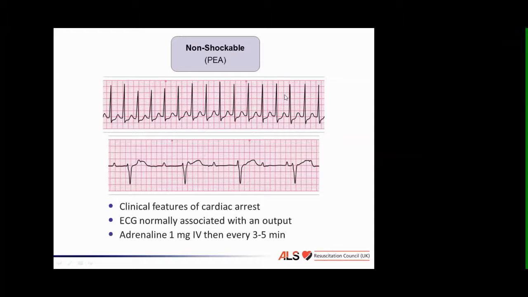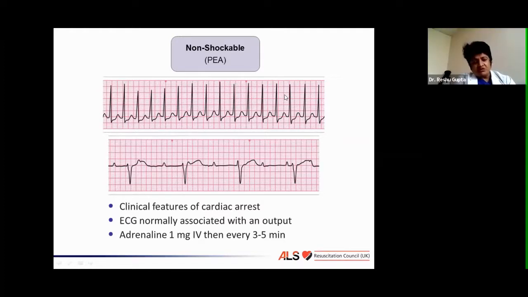Then PEA, where you may see even a normal ECG, or you may see a bizarre ECG without any output. There is no pulse. That is called pulseless electrical activity, which is a non-shockable rhythm. So here also you continue with the CPR, and adrenaline may be given every 3 to 5 minutes as per our guidelines.